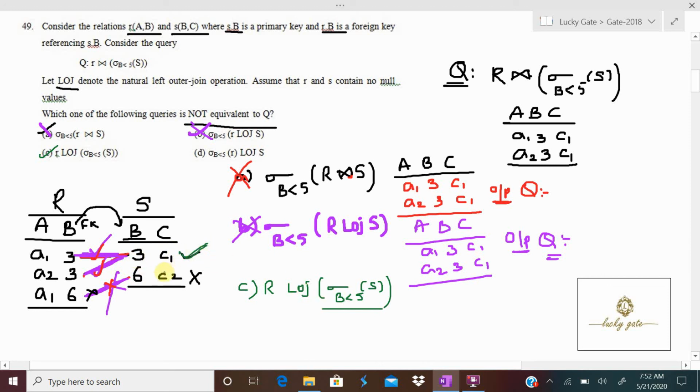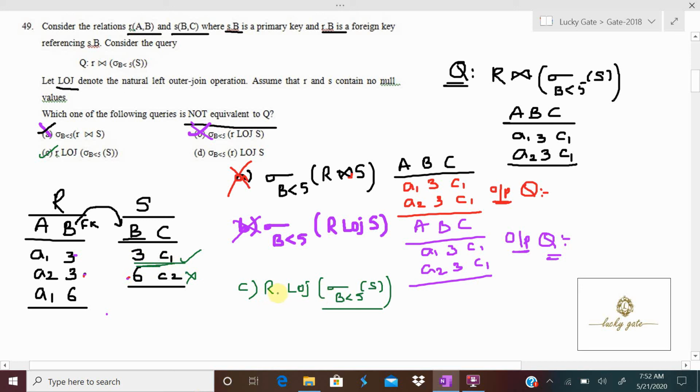So 3 less than 5 is true, and it is false for the second row. So from S it is going to select only one tuple.